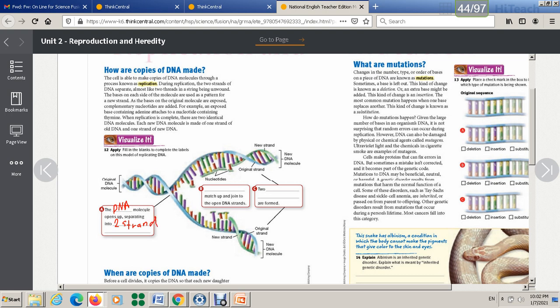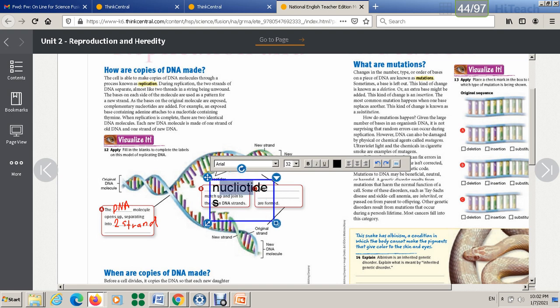The second step, what happened? Nucleotides match up and join. This one is a nucleotide. What happened to the nucleotide?